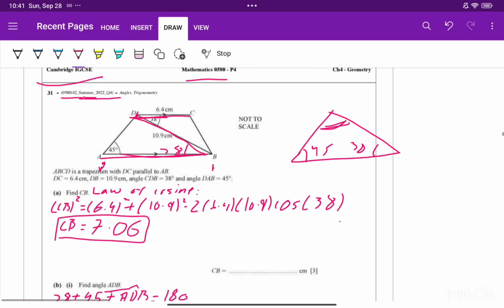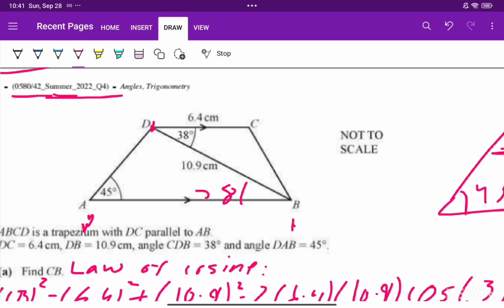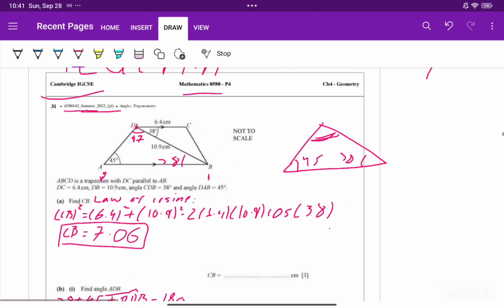What was ADB? 97. For that I should erase these two lines. This is 97. So over here we can apply the law of sine, as opposite this angle we know DB, a line whose magnitude we know, and we need to find AB, and we also know angle ADB.